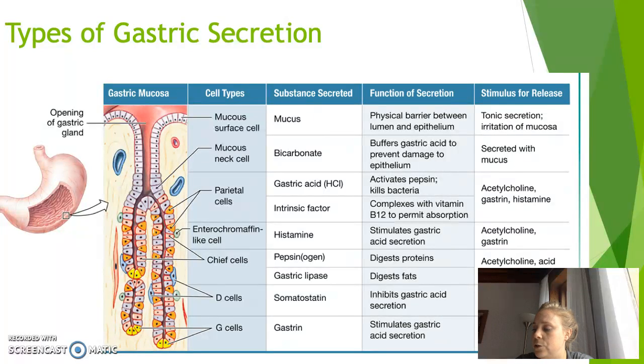Chief cells secrete pepsin and gastric lipase, which aid in protein and fat digestion. Somatostatin is released by D cells, which inhibits gastric acid secretion. And the G cells secrete gastrin, which, like histamine, stimulates gastric acid secretion as well. I'll go into further detail about a lot of these in some of the next slides.